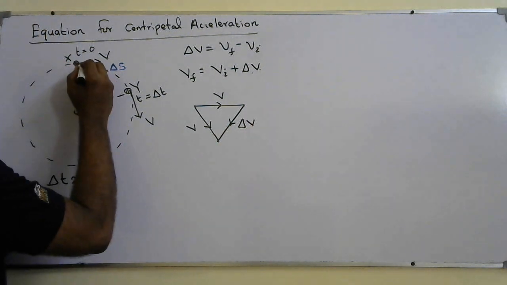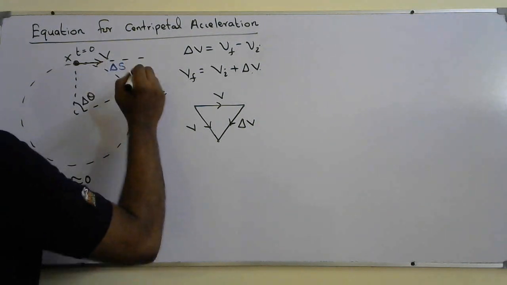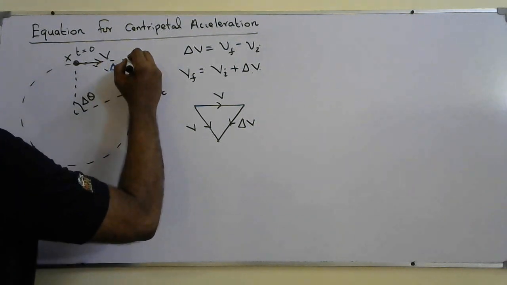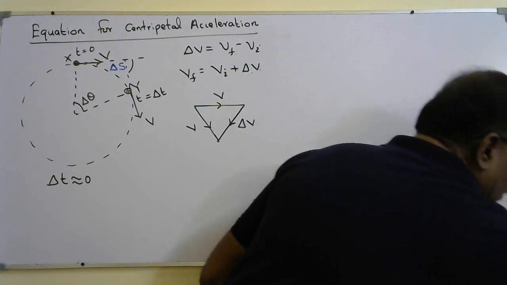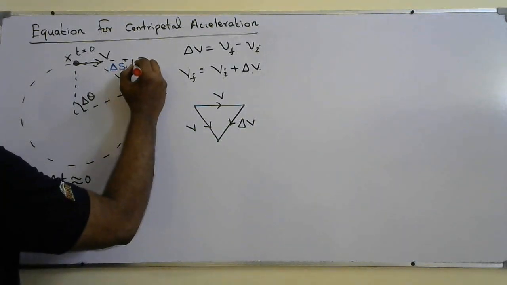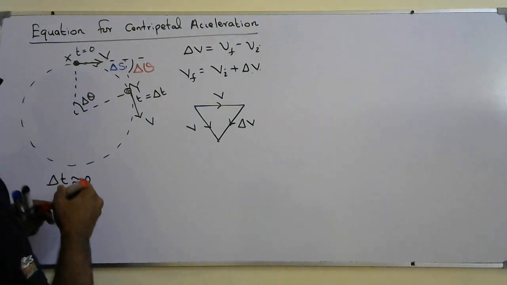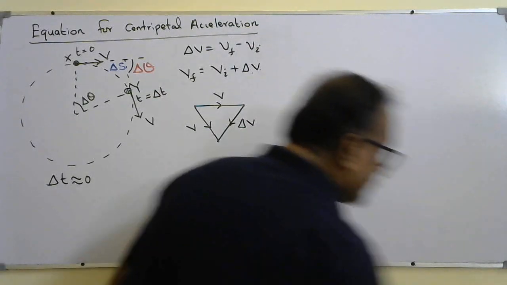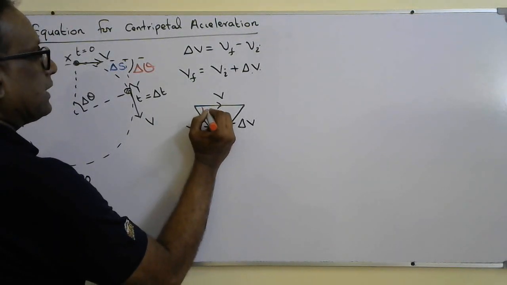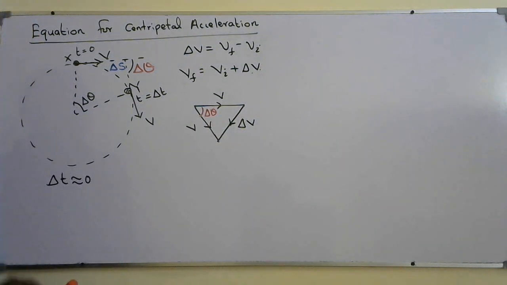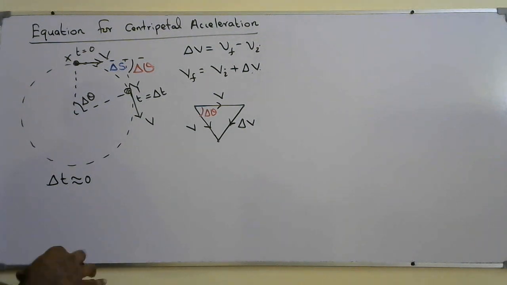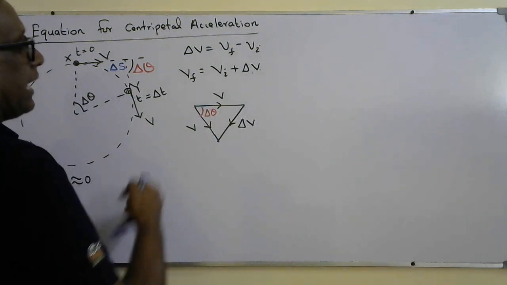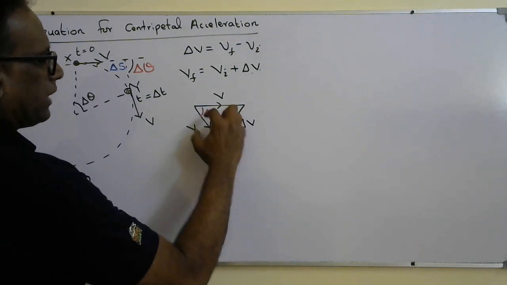So as I explained in the beginning of this lesson, if I draw this angle, it will be equal to delta theta. This angle is equal to delta theta. So this is also delta theta. This one also delta theta. I showed already these two angles are 90 degrees at the start of this lesson. So in this triangle, this is a much smaller angle.